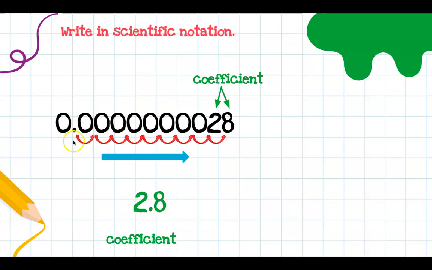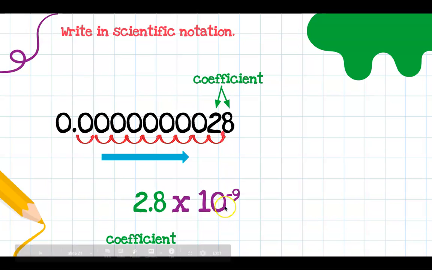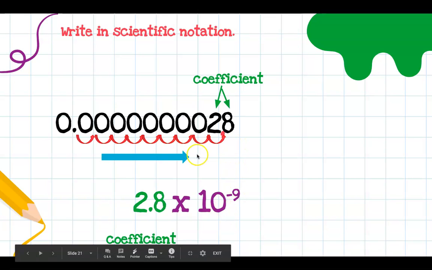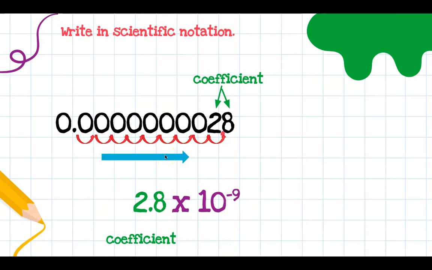The decimal point has moved 9 places. Now we can write the entire scientific notation by putting the power of 10: times 10 to the negative 9. Moving 9 places to the right means a negative exponent. For decimals, whenever you write in scientific notation, you are using a negative exponent.